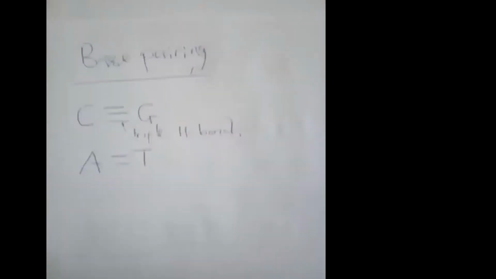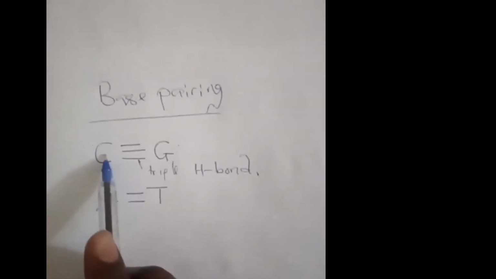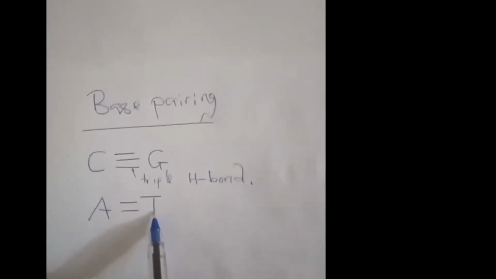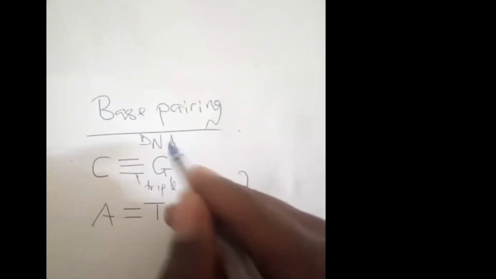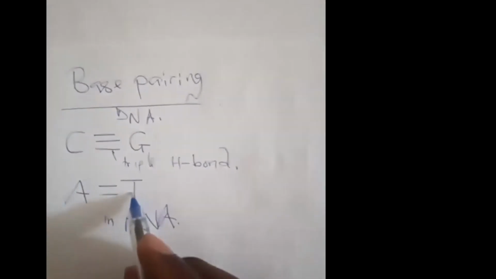Okay, so we have this combination. Cytosine bonds with guanine, adenine with thymine. Now, remember, this is in DNA. In RNA, in a place where there is thymine, there is actually uracil.